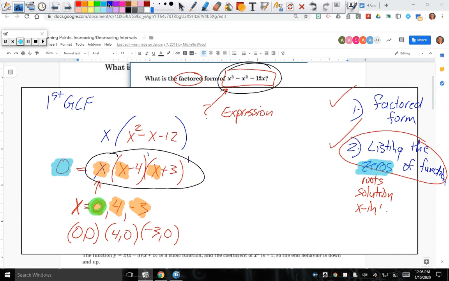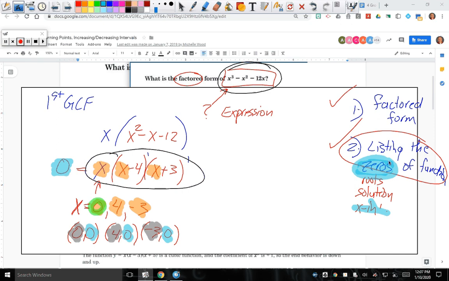The reason why is that the answers are not the whole point, right? They're just the x values. And I want to make sure you know that. These zeros are because they're the x-intercepts. Okay?